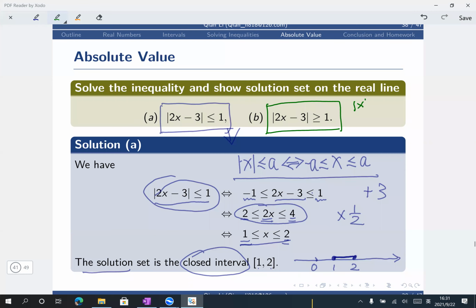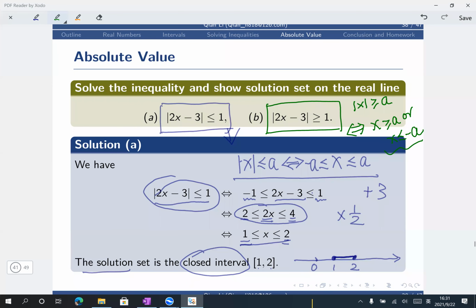If the absolute value of x is larger than or equal to a, if and only if x is larger than or equal to a, property number 5, or x is smaller than or equal to minus a, right?